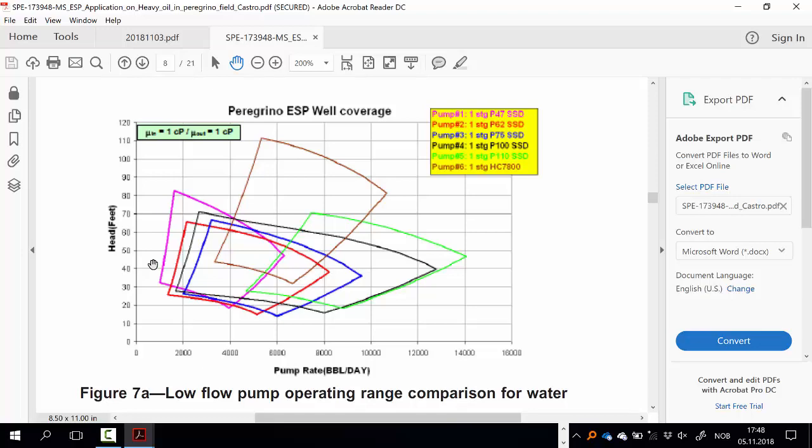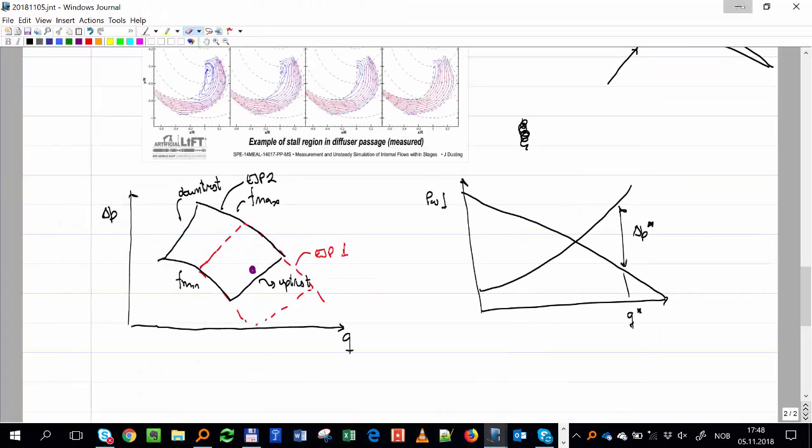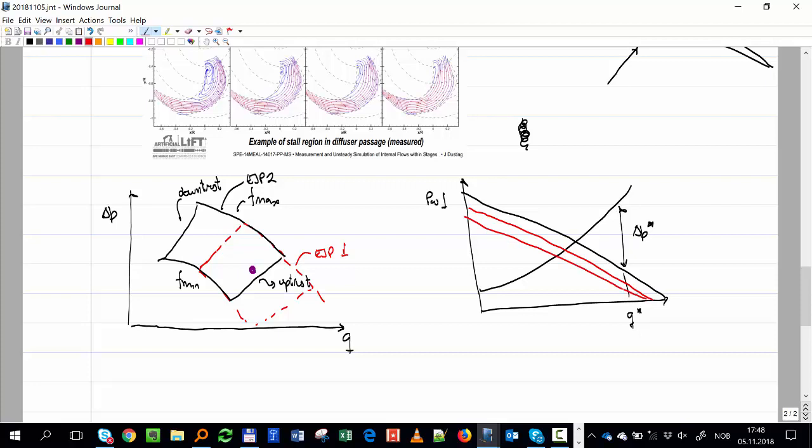The thing that is not shown here, also part of the complexity, is that when reservoir pressure goes down with time, so you have reservoir pressure here and reservoir pressure here, your delta P will also change, become bigger and bigger. So the points probably do something like that with time, start to go up.